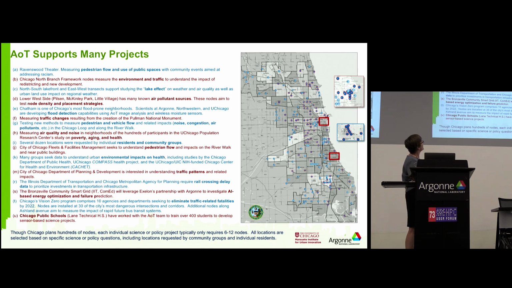There's one looking at air quality and noise in relationship to people's health. There's traffic patterns, a number of different things, and we actually have a huge educational component where a local high school is using these in their curriculum to learn about computing and how to build sensors and devices to answer questions.